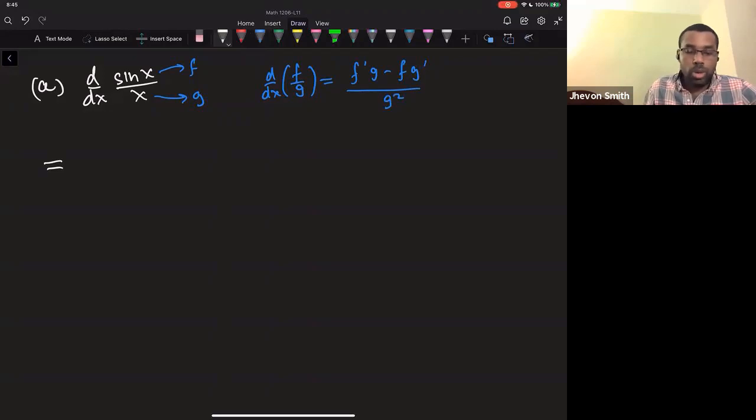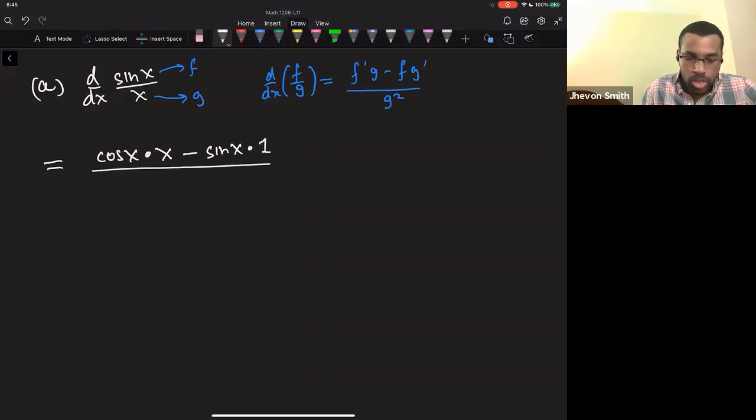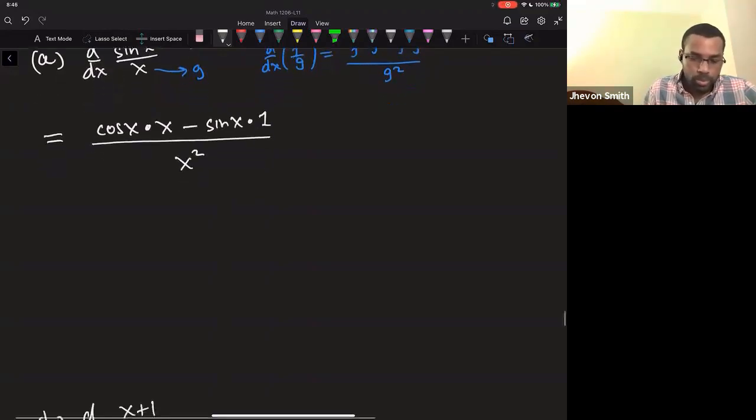So the derivative of the top function, sine, is cosine times G, which is x, minus the top, sine of x, times the derivative of G, which is just 1, all over G squared, which is x squared.